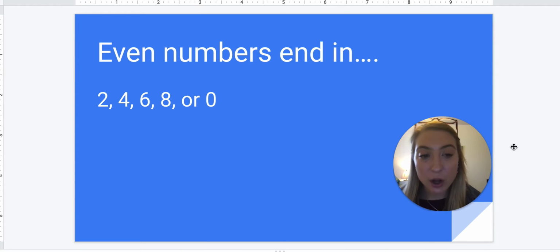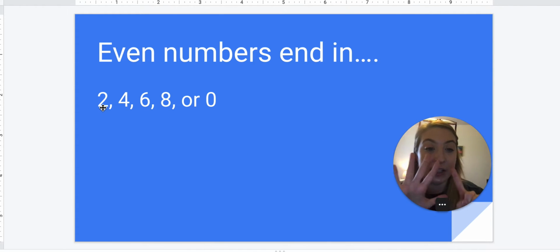So when we want to know if a number is going to be even or odd, we really want to look at the end of the number. So in our ones place, if it ends in a 2, 4, 6, 8, or 0, then it is an even number.